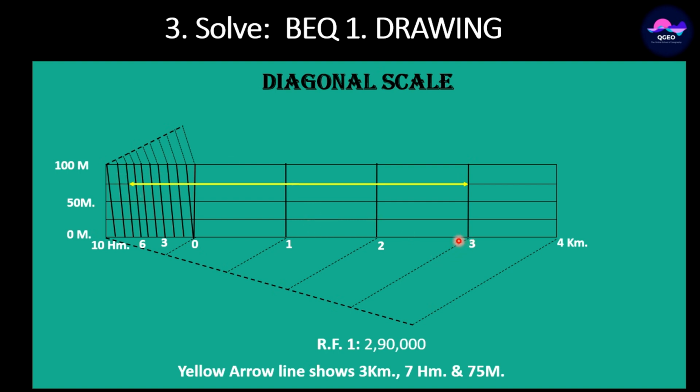And the minimum length of the scale is up to this portion, that is 4 primary divisions: 3 primary divisions here, and another primary division here. Up to this portion is the minimum length of the scale. Okay, and for the convenience of our drawing, we can take the total length from 14 or 15 to 16 centimeter.